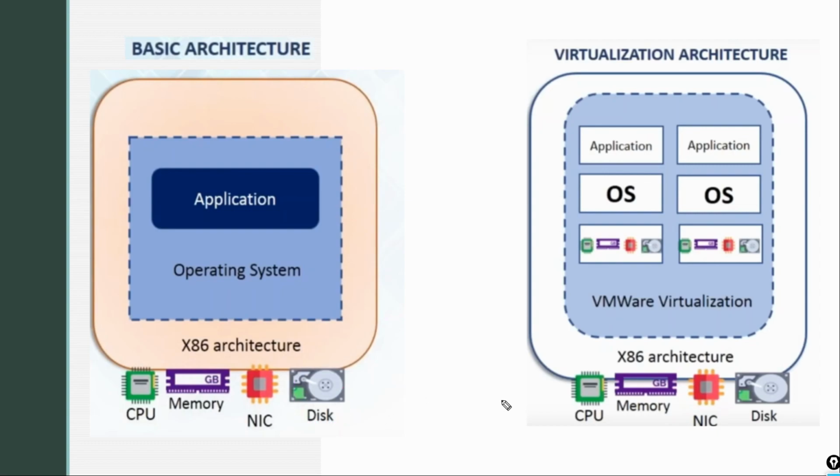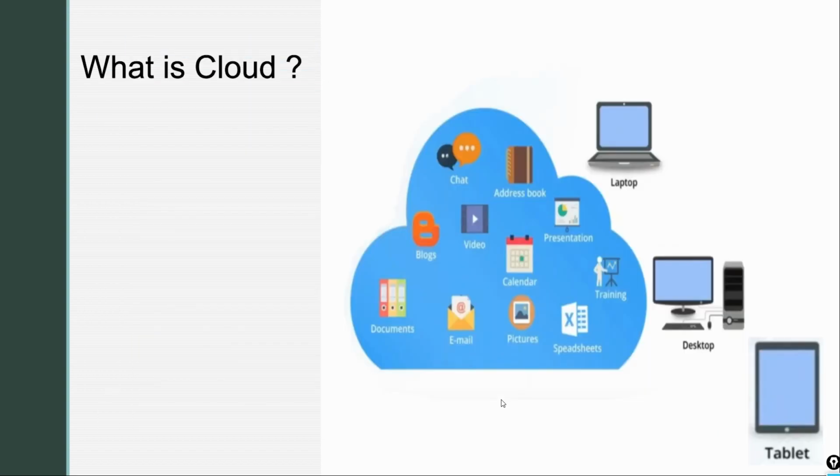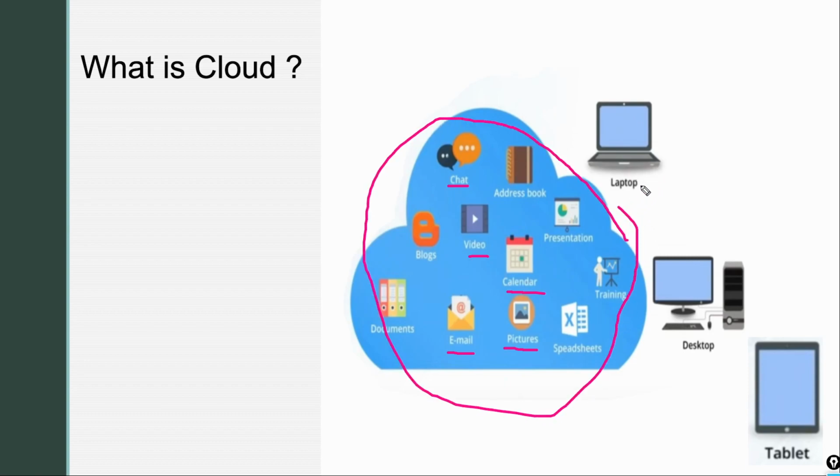And if you would like to continue this idea when we are talking about virtualization, we can have cloud. What is cloud? Cloud is nothing but just some services. For example, pictures, emails, video, calendar, chat, whatever we can do, we can use them based on the internet and maybe via our laptop, desktop, tablet, or mobile, but they are not here.